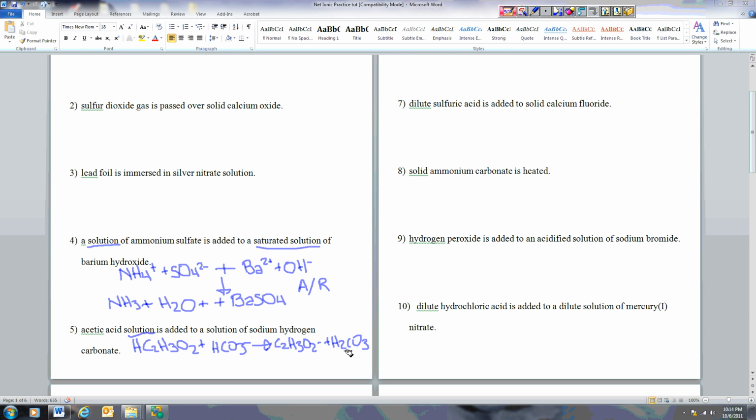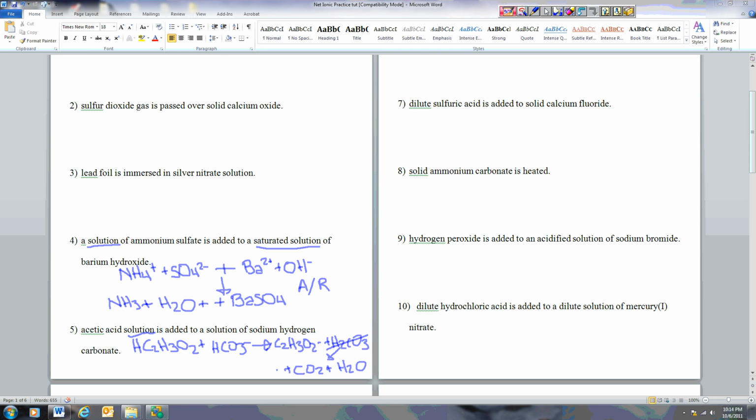Now here's a trick with this. Carbonic acid never stays as carbonic acid. It always breaks apart into CO2 plus H2O. So when you're doing this kind of reaction, you're going to have to break it apart and this just goes away. So you have CO2 plus H2O. You have to remember to do that.